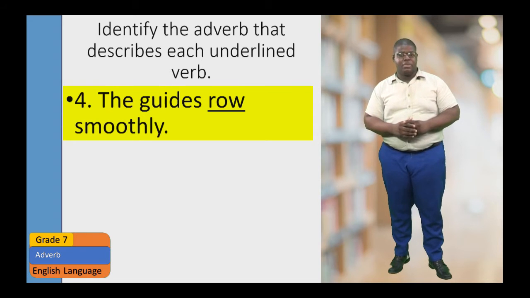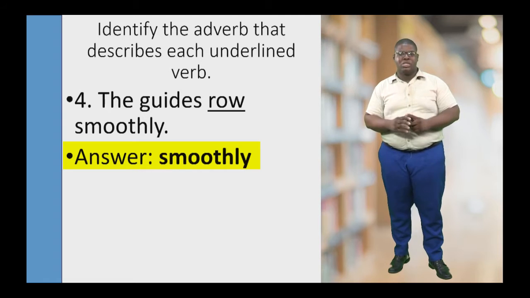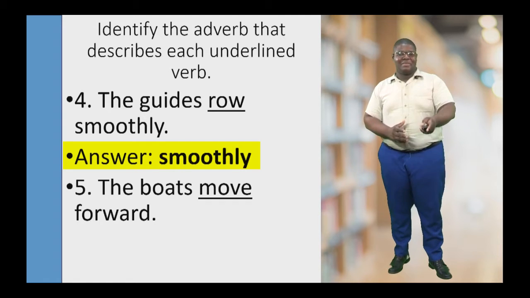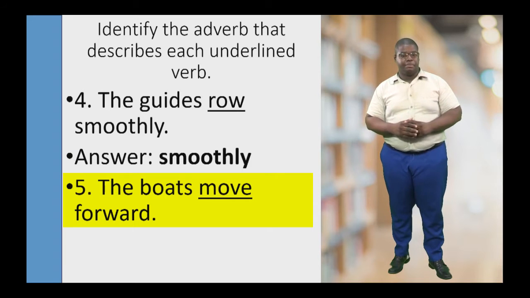What is the adverb that modifies the verb row? Smoothly. How does he row? Smoothly. Number 5. The boats move forward.